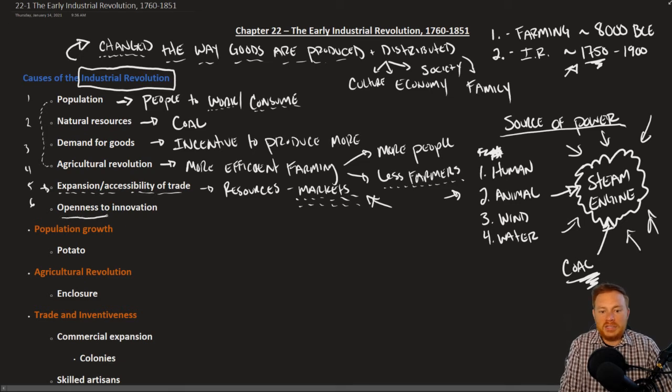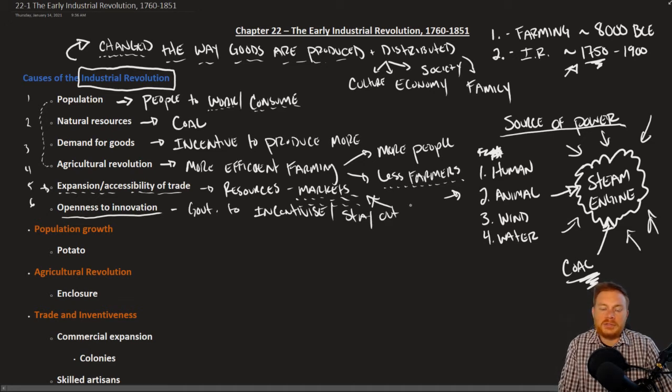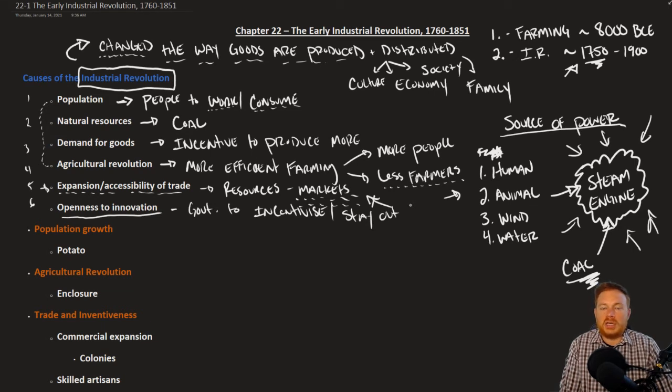And an openness to innovation. We might see this as the ability for the government to, in most cases, on the one hand, incentivize, but really just to kind of stay out, to leave an economy unregulated, so there are not things like religious or traditional ideology that go against this openness to new ideas, openness to innovation, openness to technology.